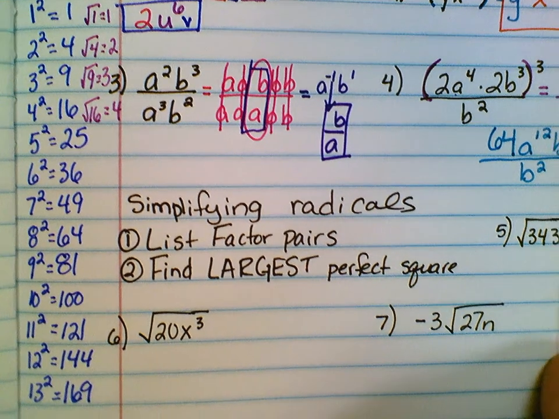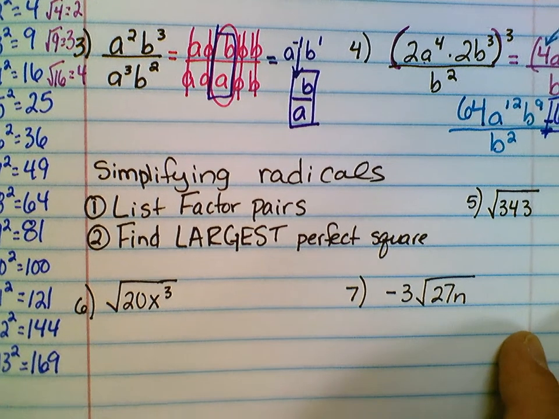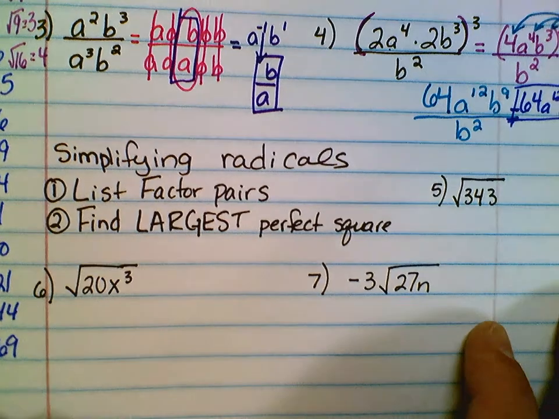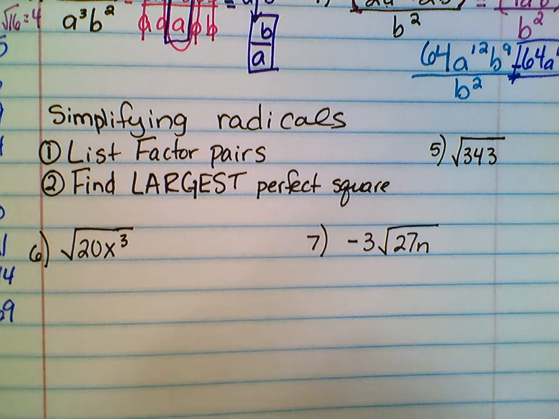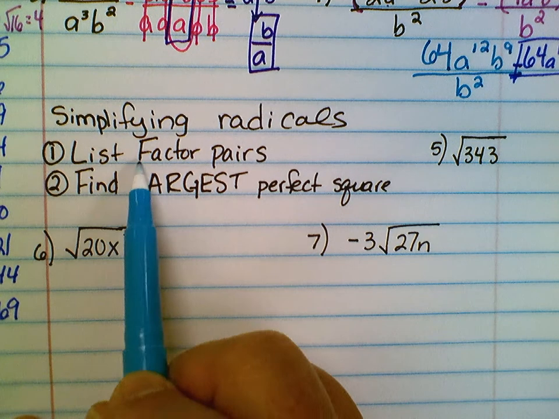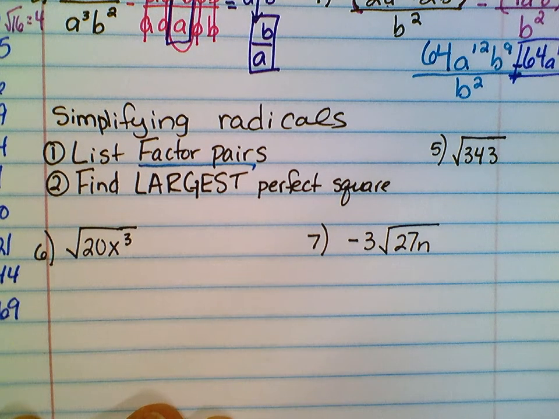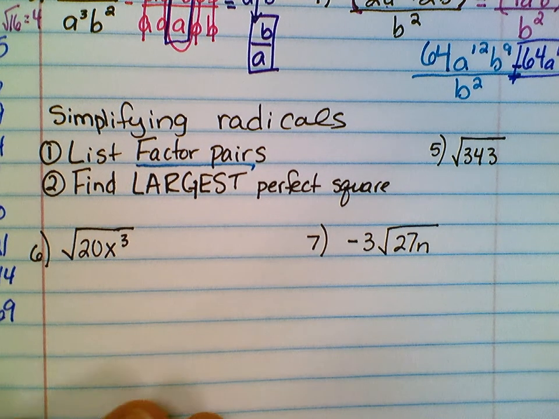A lot of teachers will teach to use factor trees, and there's nothing wrong with that. I just don't like it. I think they can get messy, and then you can miss some important numbers or values. So I like to use factor pairs, and so I list all my factor pairs.